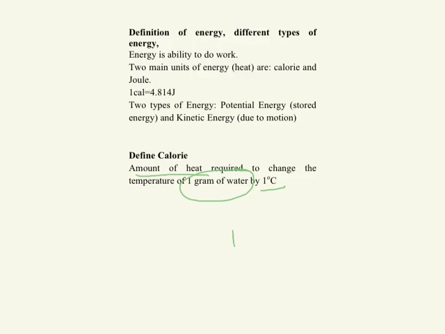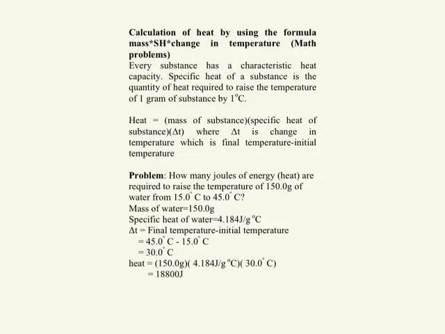So let's say you take 1 gram of water at a temperature of 25 degrees Celsius and you want to change it to 26 degrees Celsius, how much heat do you need to provide? You need to provide 1 calorie of heat, and this is the way we define calorie.